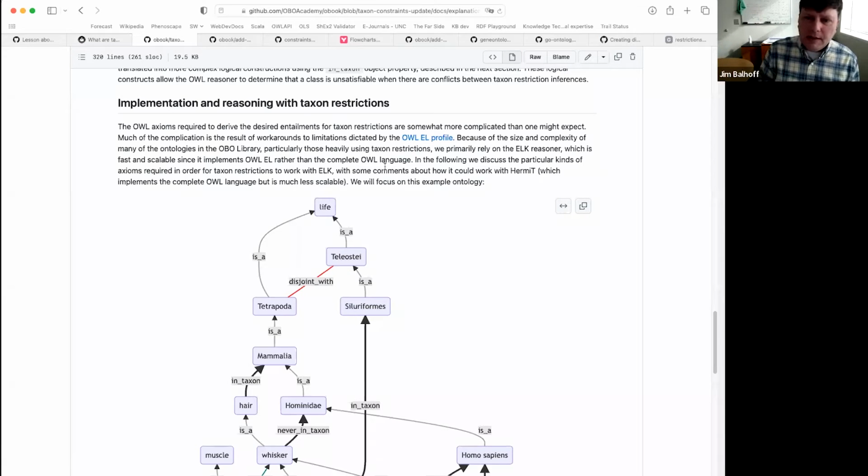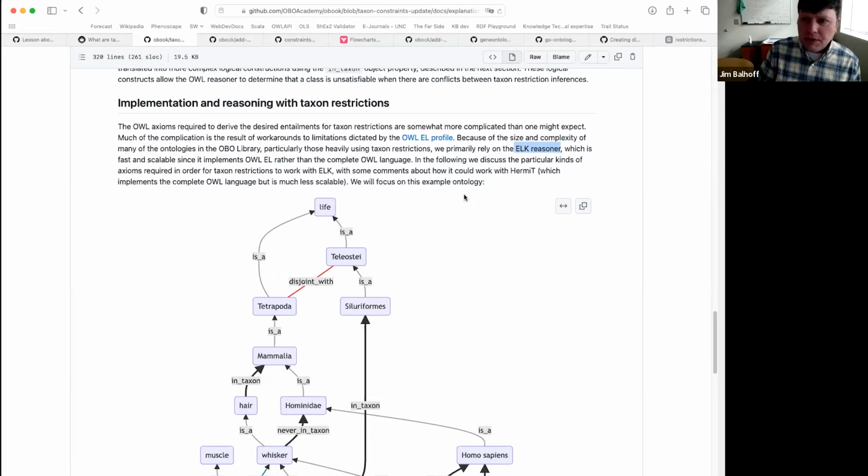EL is a subset of DL, for which it's possible to write a faster and more scalable reasoning algorithm, because we're not allowing you to use all of the language features, only certain ones. Probably a lot of you use the ELK reasoner in Protege to develop ontologies like the Gene Ontology or Mondo.